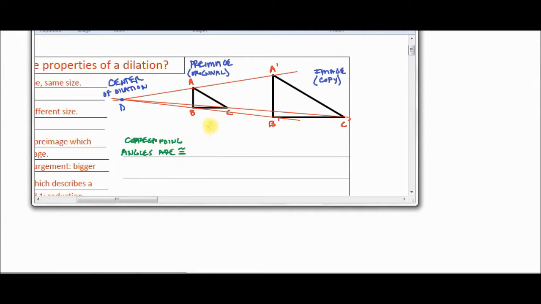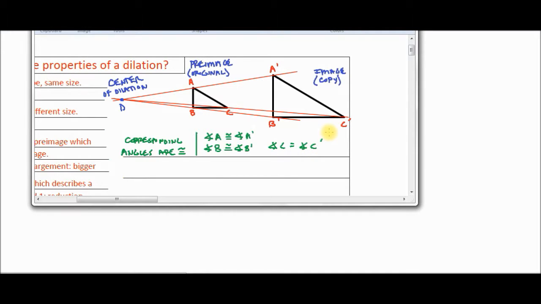If you have a dilation of one shape to another, then you know that the corresponding angles must be congruent. So in this case, angle A is going to be congruent to angle A prime. Angle B is going to be congruent to angle B prime. And angle C is going to be congruent to angle C prime.